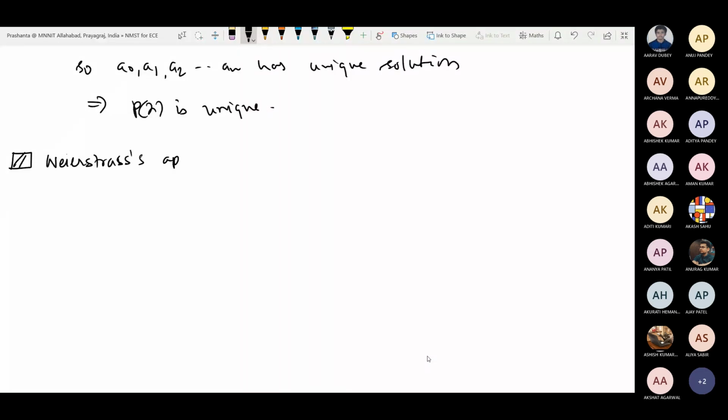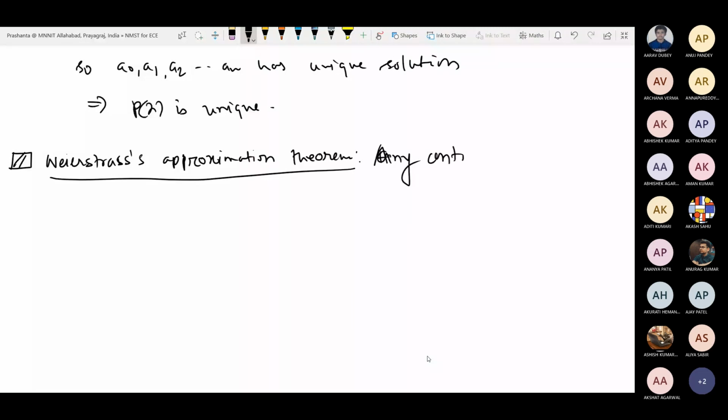Weierstrass approximation theorem. This proof is very difficult. So this theorem is saying, if you consider any continuous function, before you start your calculation, it is guaranteed that it is possible.